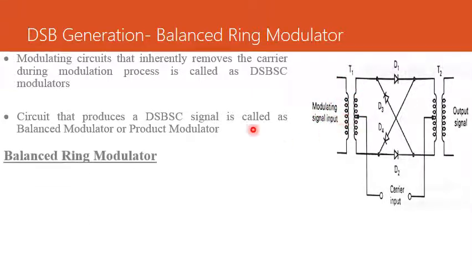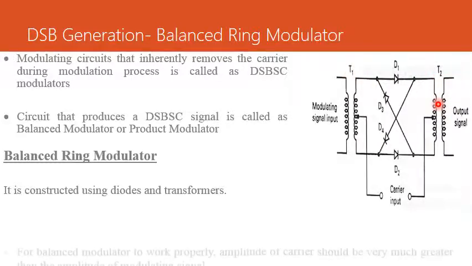And this balanced ring modulator is constructed using 4 different diodes, that is D1, D2, D3 and D4, and 2 different transformers, that is T1 and T2. T1 is at the input side and T2 is at the output side.